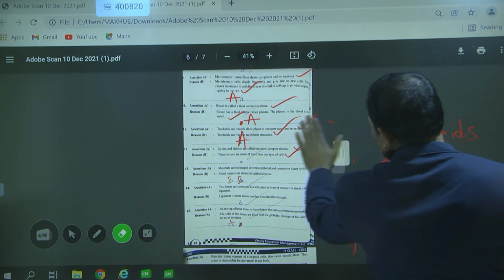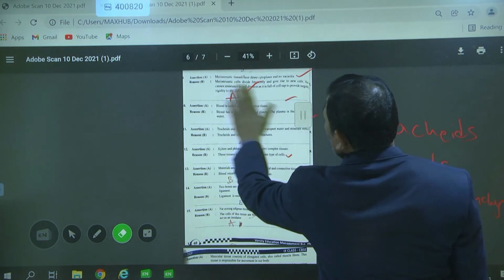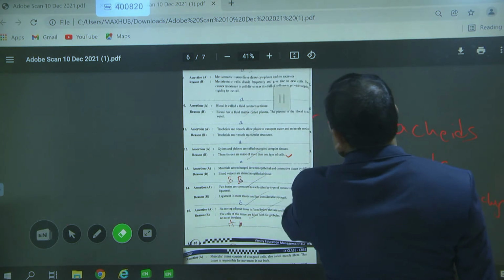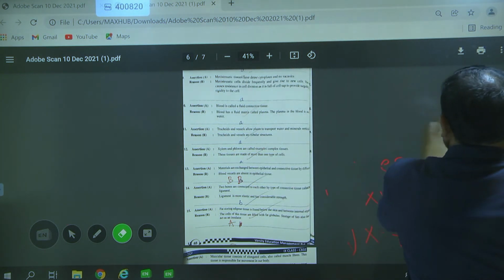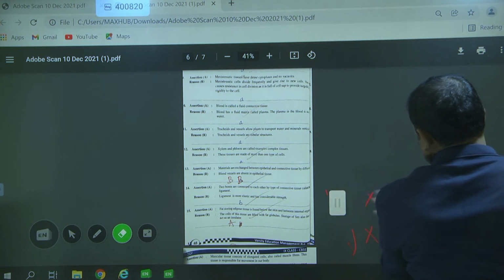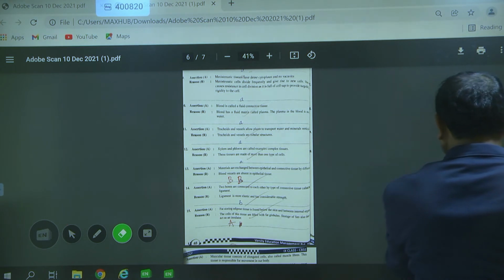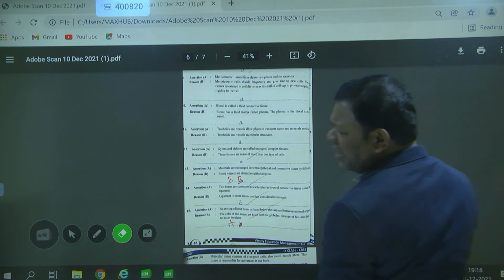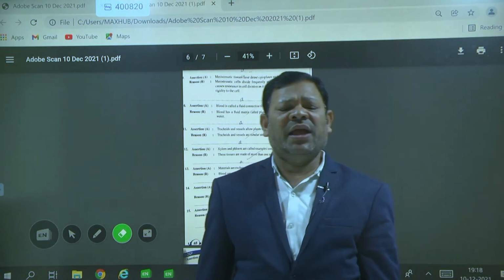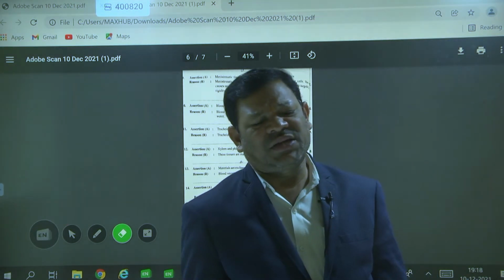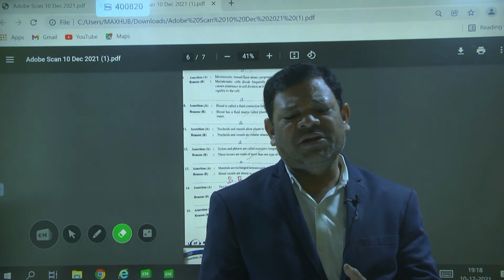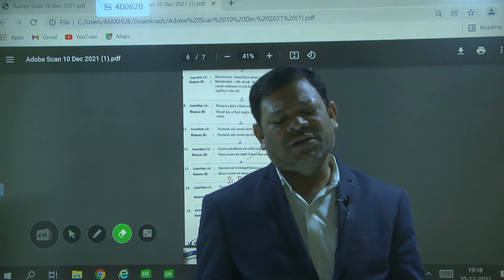In the plant, two types of tissues are present. One is the meristematic tissue, the second one is the permanent tissue. In the permanent tissue, again two types of tissues are present: simple permanent tissue and complex permanent tissue.